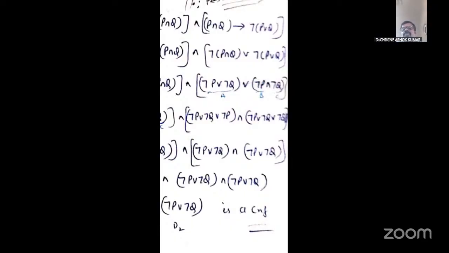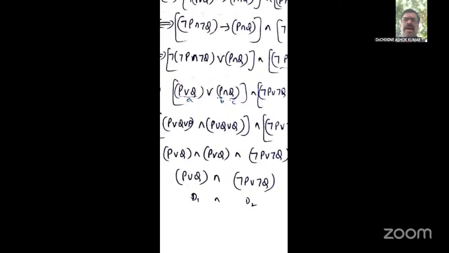A union (B intersection C): in the place of A, I have negation P union negation Q, B is negation P and C is negation Q. So if you apply the left distributive property, that is (A union B) intersection (A union C). This is general simplification; I am just applying the same formula two times.